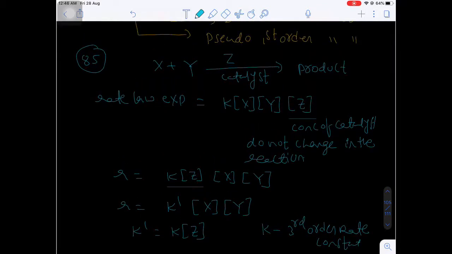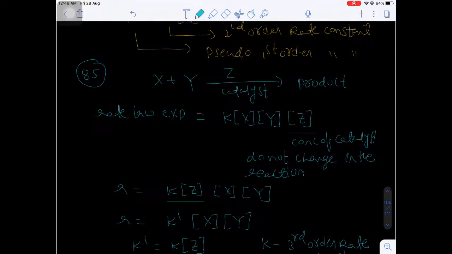Why is it called the third order rate constant? Because here the sum of the exponents 1 plus 1 plus 1 is equal to 3.